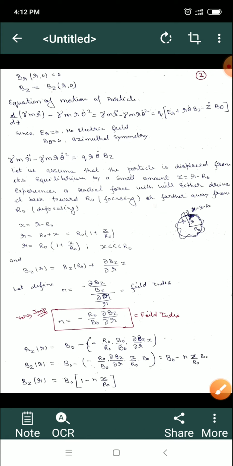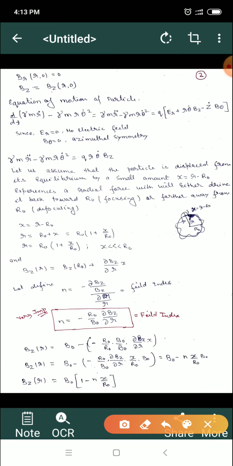Let us assume that the particle is displaced from its equilibrium position by a small distance x. So x is equal to r minus r0. It experiences a radial force which will either drive it back toward r0, focusing, or away from r0, defocusing.